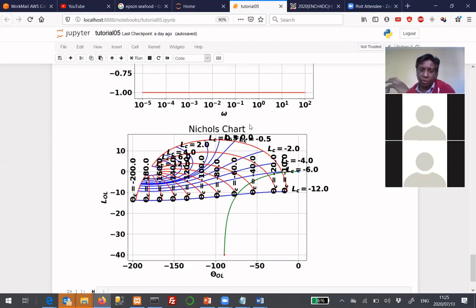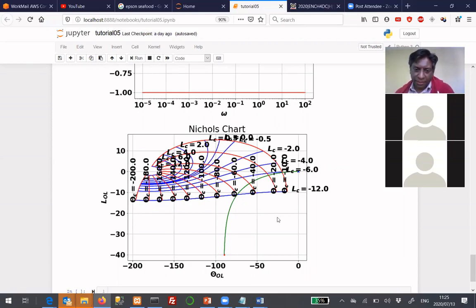So later on, when we are actually talking about optimizing our control parameters, remember, we are doing all this because we are trying to tune some controller. We are trying to fix the constants for the proportional, derivative, and integral parts of that controller. And the Nichols chart, it turns out, is going to help us tune those parameters very easily.